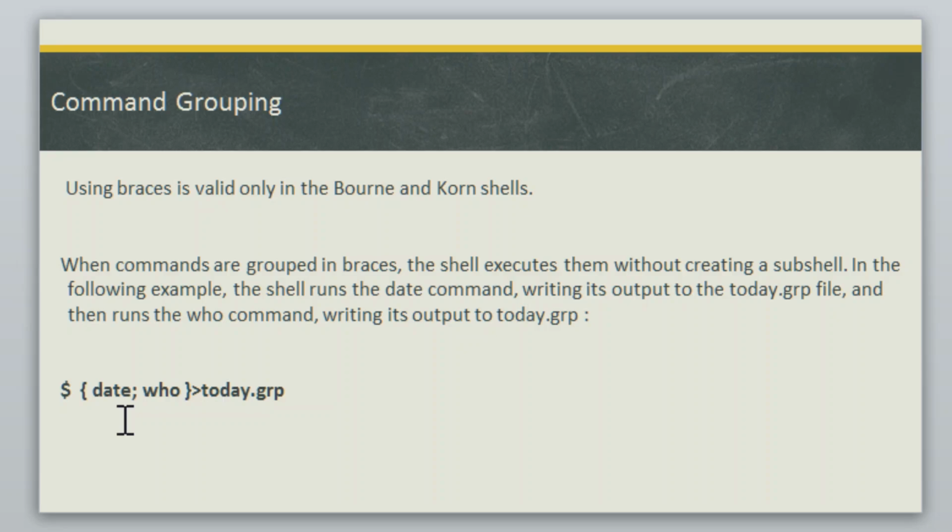It's really treating this as two separate command lines. So date runs and gets redirected to today.grp. Then who runs, and the output of that gets redirected to today.grp. This is no different than me running the date command and redirecting it to today.grp, and then on another command line, running the who command and redirecting it to today.grp, okay?